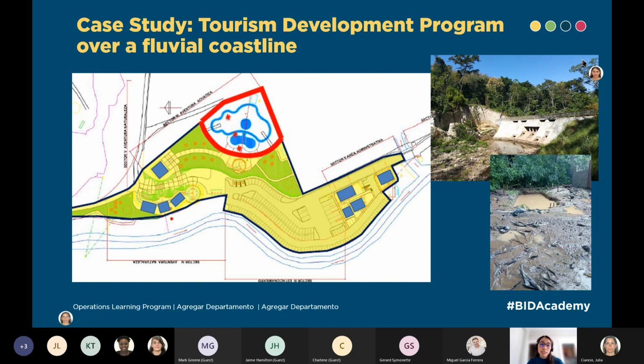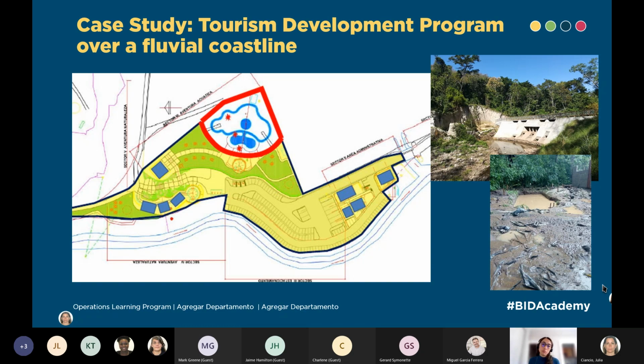That's a case that we worked on in the bank, and we found it very useful for you to have additional content in these live sessions. If you want more details on this case study, please contact us. The information is in Spanish, but we can also discuss this case further with you.